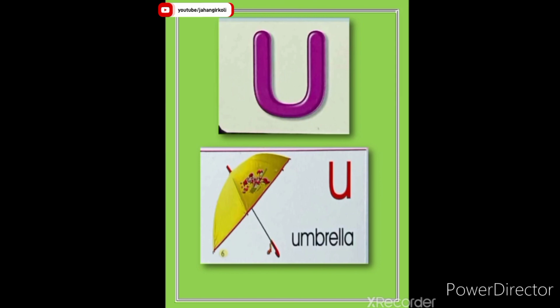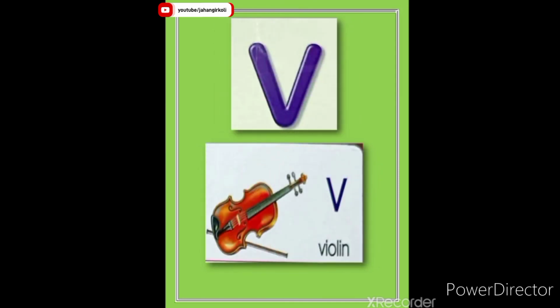U is for umbrella. V is for violin. V-I-O-L-I-N, violin.